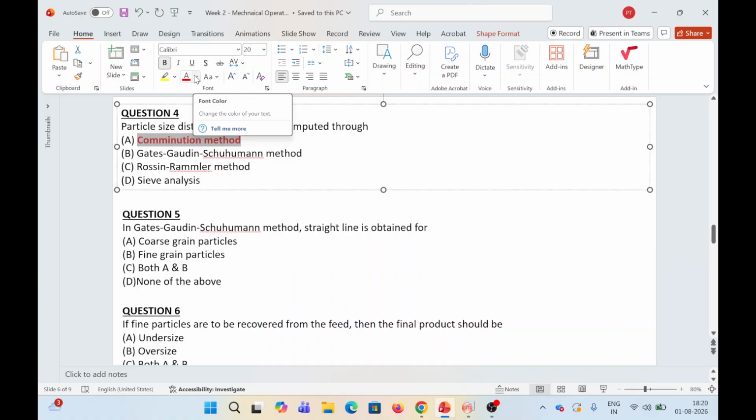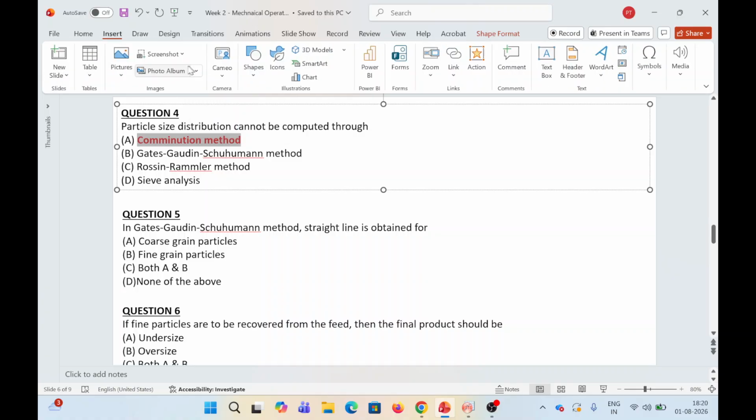So let's go towards the next question. This is about the Gates-Gaudin-Schumann or GGS method. In the GGS method, the straight line is obtained for: A, coarse grain particles; B, fine grain particles; C, both A and B; and D, none of the above.